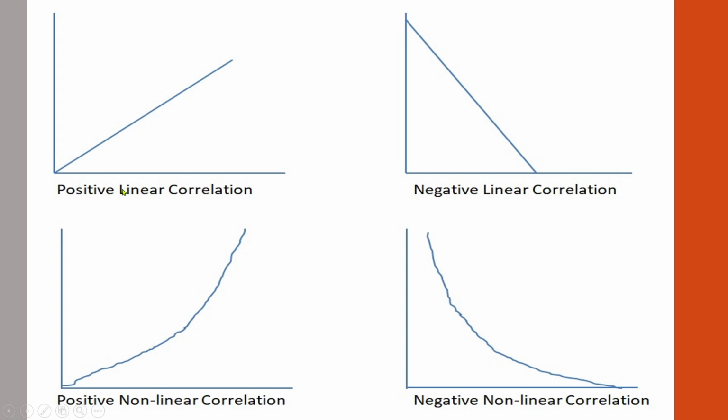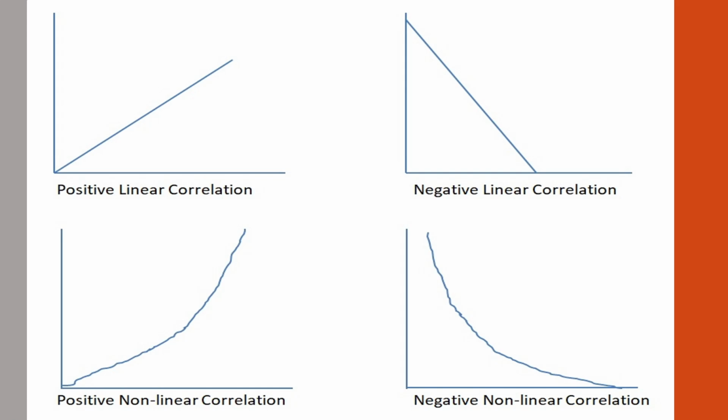Remember, positive correlation will always be a line. A curve that moves upward from left to right is known as a positive curve. A downward curve from left to right is known as a negative curve.